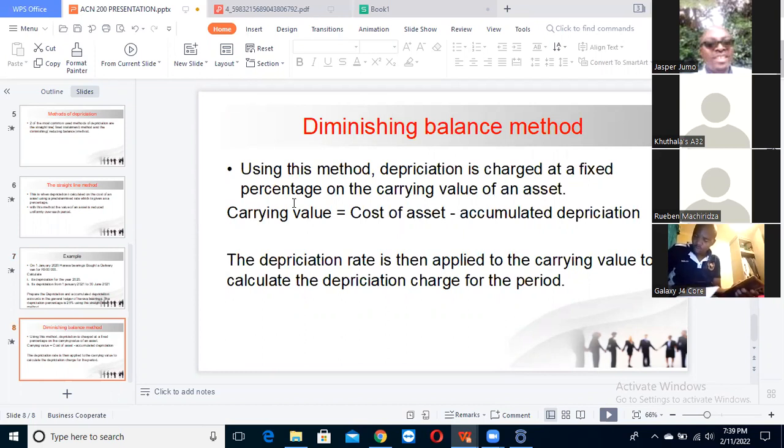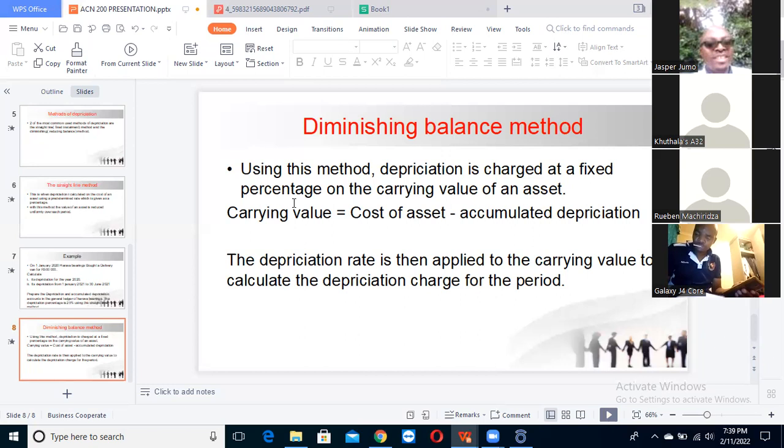In the diminishing balance method, we apply a fixed rate also, but we are now applying the fixed rate on the carrying value of an asset. Remember, on the straight line method, we are applying the fixed percentage on the cost. Right now, we are applying the fixed percentage on the carrying value of an asset.